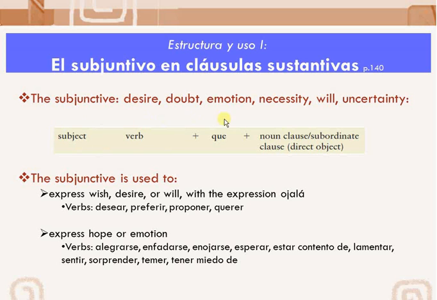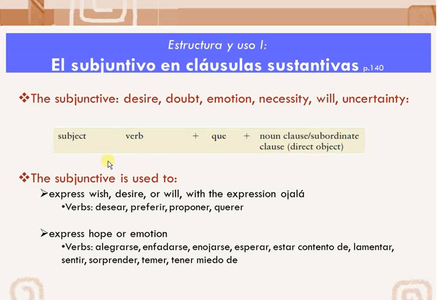So this is the structure that you will see whenever you use the subjunctive. You're going to have a subject, a verb that expresses one of these meanings like desire, doubt, emotion, necessity, will, or uncertainty, the relative pronoun que, and then a noun clause or a subordinate clause using the present subjunctive.